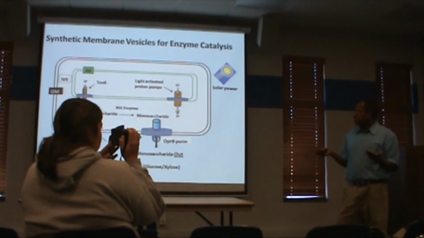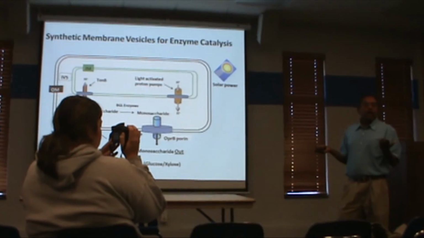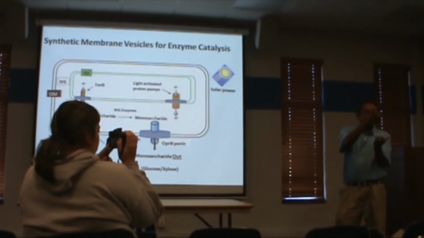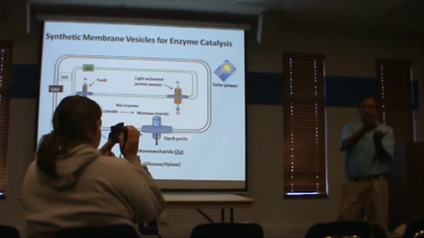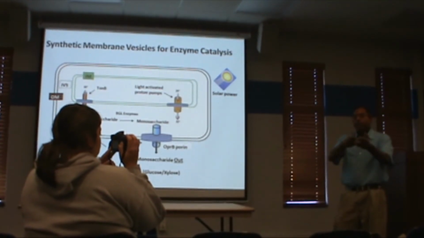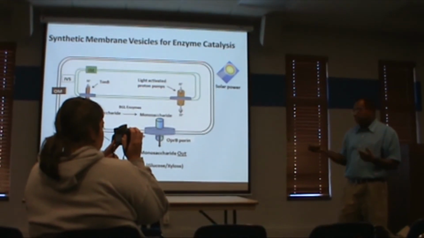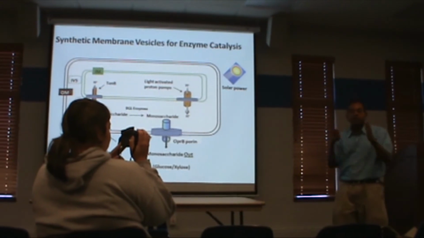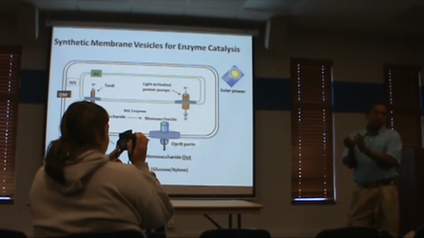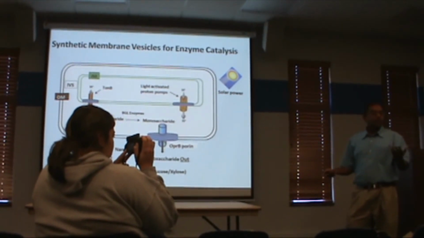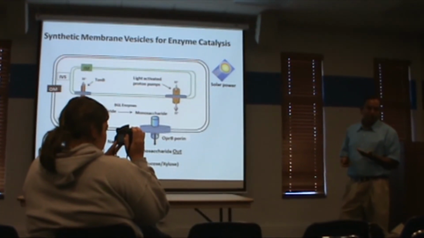For example, you take cellulose and put it with this vesicle-containing container, and the vesicle will take the cellulose inside and break it into glucose, because you pack it with an enzyme, this BGL enzyme that breaks gluco-oligosaccharide into glucose. So you're generating glucose or xylose, which can be used for renewable energy production.